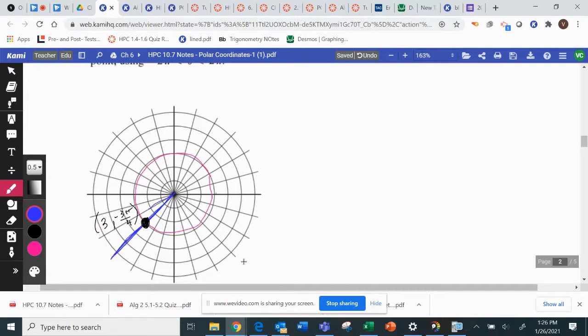So that'd be like I'm starting at 3 and going down and around negative 3 pi over 4 to get there. So we want to write it 3 other ways. So I could add or subtract any value of 2 pi.